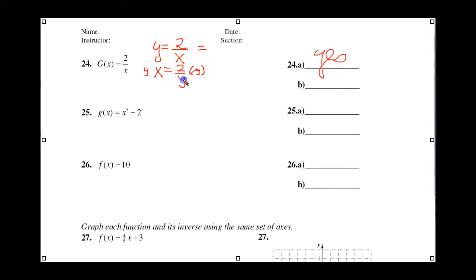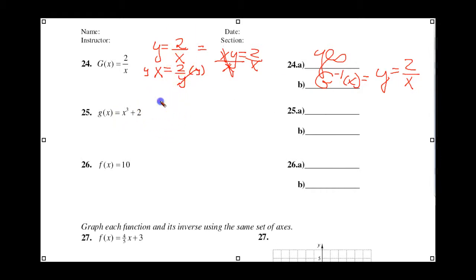Well, notice then the y's cancel out here, and we get xy equals 2, and we divide both sides by x again, and we get y equals 2x. So the inverse of this, g inverse, is actually the same as we originally started. And that's kind of a unique one.